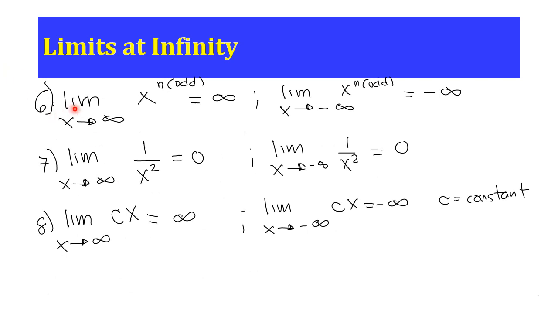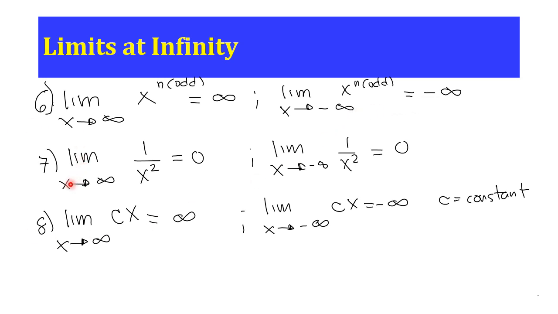Number 6. The limit of x raised to an odd exponent as x approaches positive infinity is equal to positive infinity. And the limit of x raised to an odd exponent as x approaches negative infinity is equal to negative infinity.